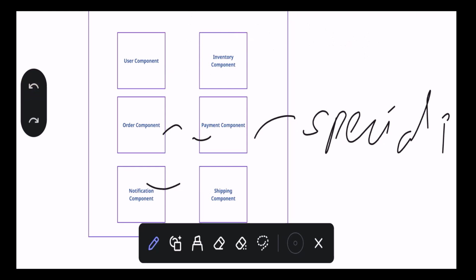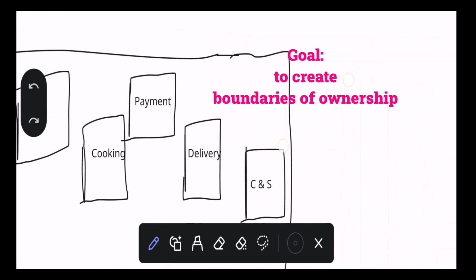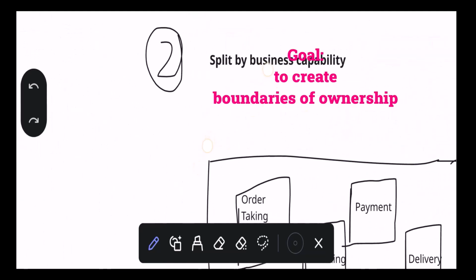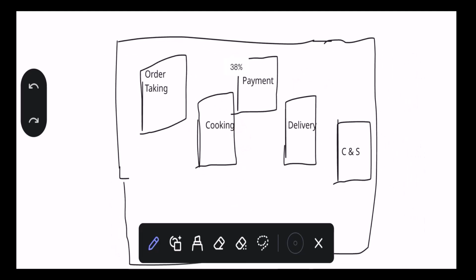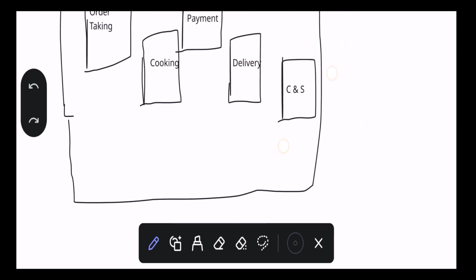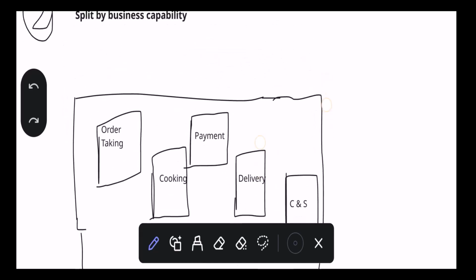So I hope you understand that first of all we analyze our monolith to see what the components are. Second, we create boundaries of ownership in the second step, deciding what each individual unit will do, so that each unit performs a single business need or business capability.